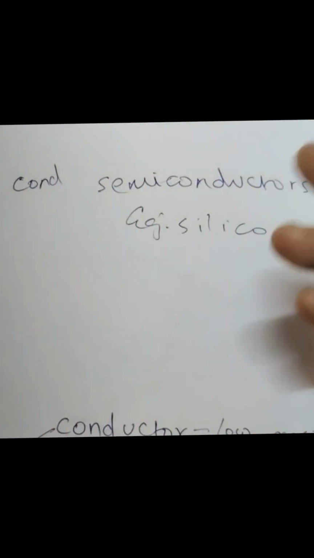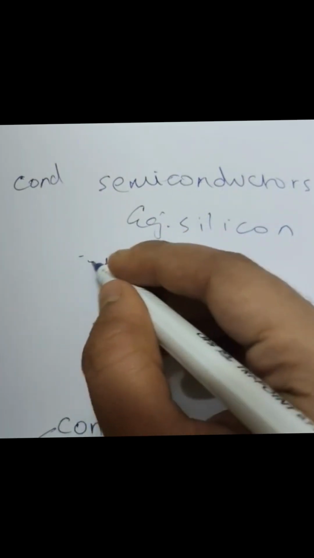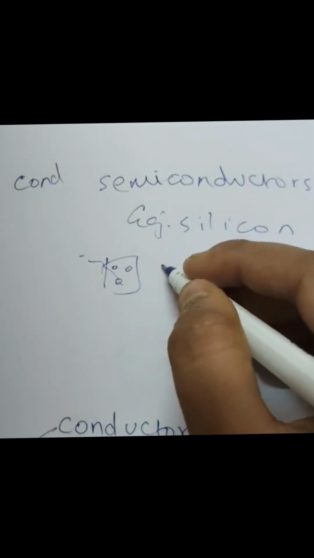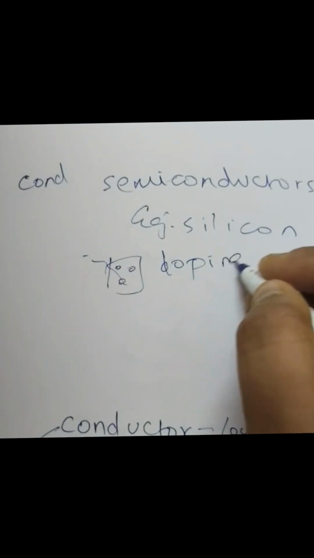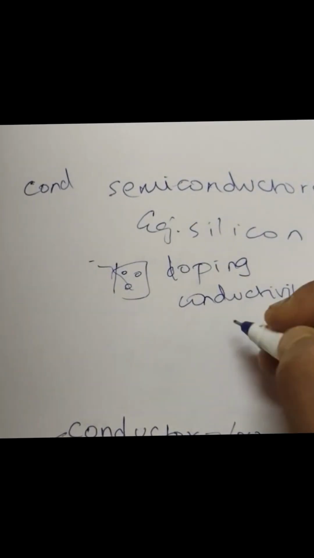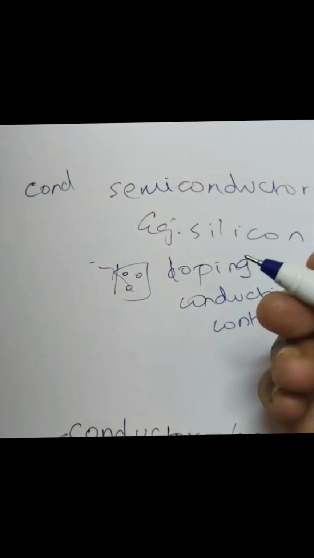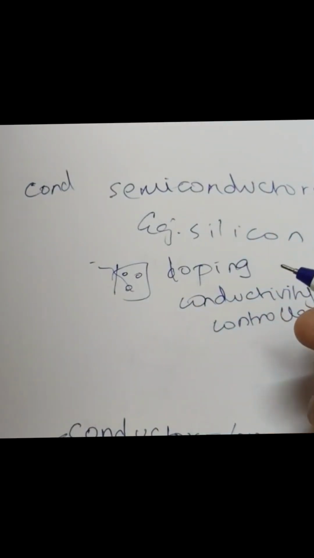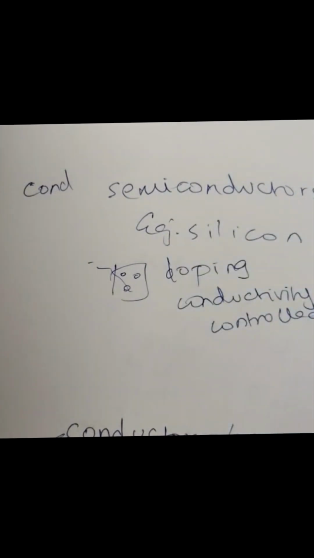By adding a small amount of impurities, known as the doping process, the conductivity can be controlled. That's why semiconductors are used to make electronic devices like smartphones, computers, LEDs and microchips.